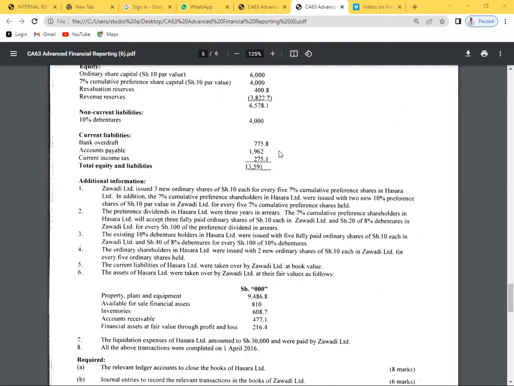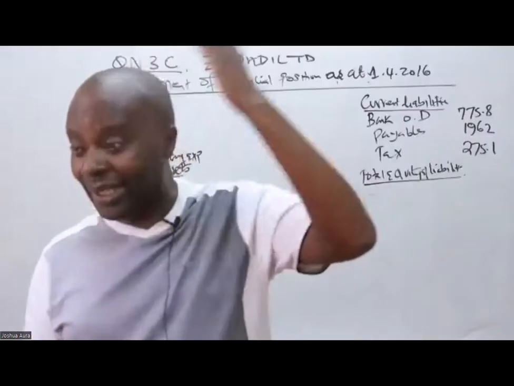So bank overdraft is 775.8. I have accounts payable, 1962, and then tax, 275.1. So what have I done? I've only followed some simple instructions here, while my colleague students are all staring out the windows, or in this case at the ceiling.